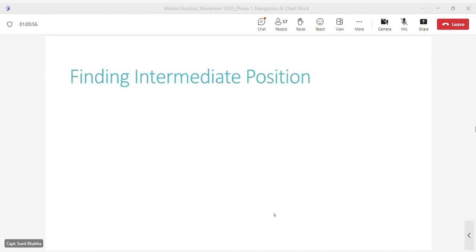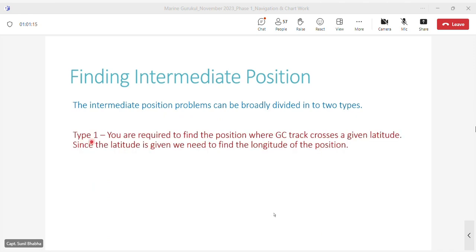Now, once the position of the vertex has been obtained, it becomes easy for finding the intermediate positions. The intermediate position problems can be broadly divided into two types. It could be asked to us in two different ways. The first type, or type 1, is you are required to find the position where the great circle track crosses a given latitude.